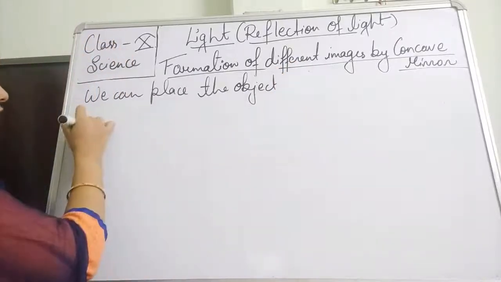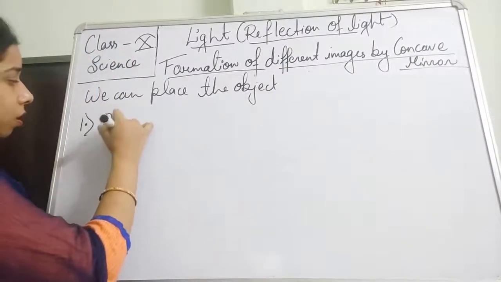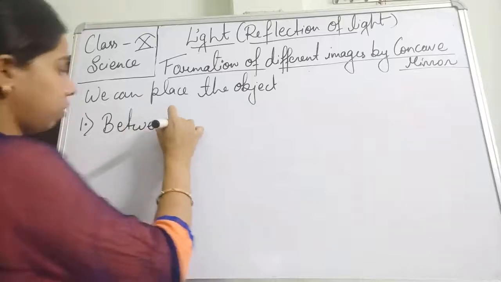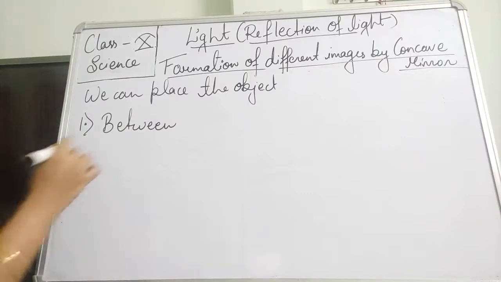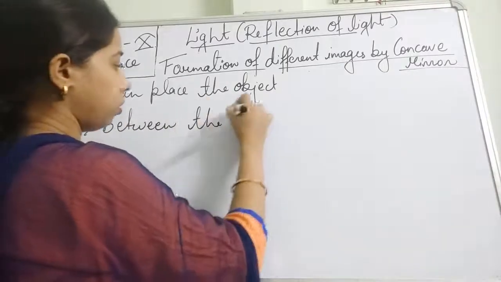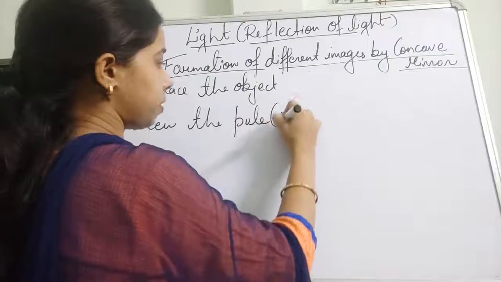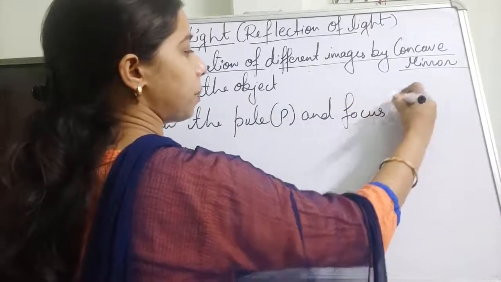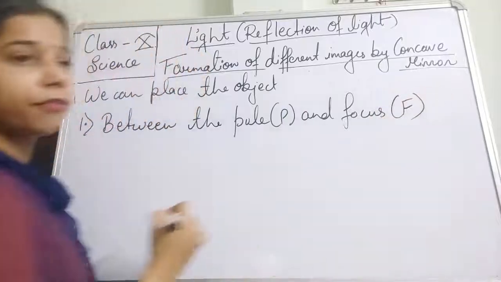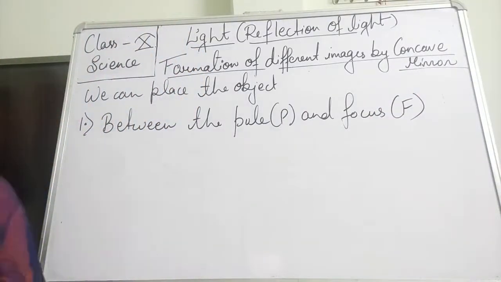The first condition is between the pole, represented by P, and focus, represented by capital F. Between pole and the focus.